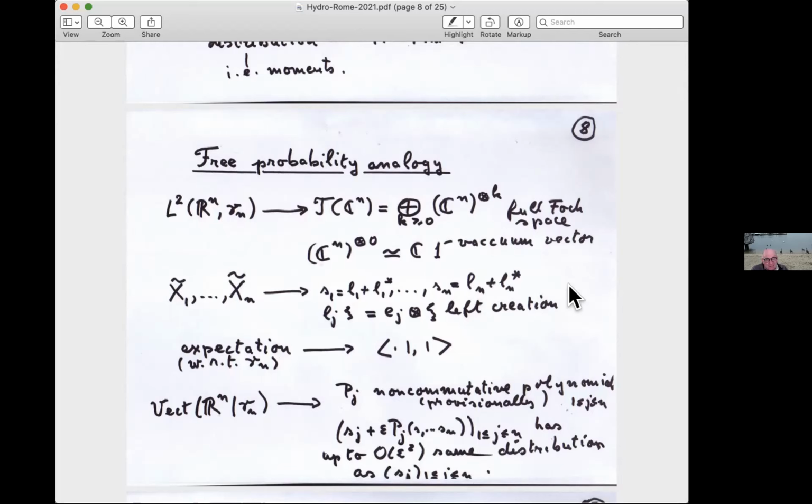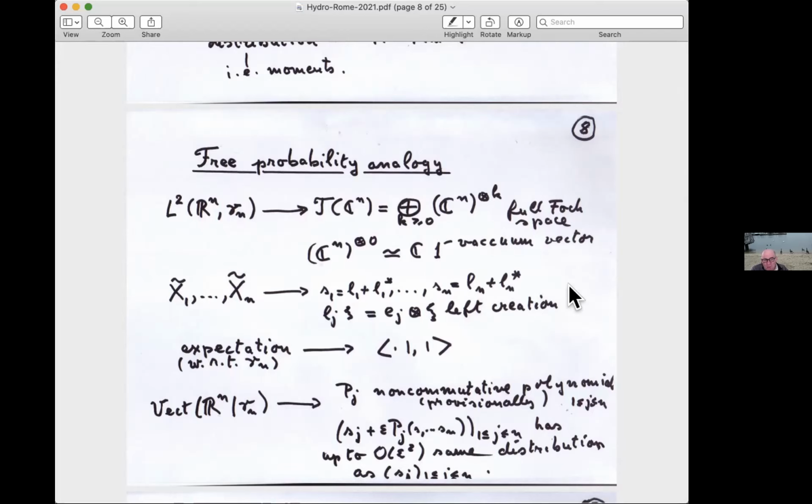If S1, Sn are the non-commutative Gaussians, an n-tuple of semicircular random variables, consider Sj plus epsilon Pj, these polynomials Pj in S1, Sn.